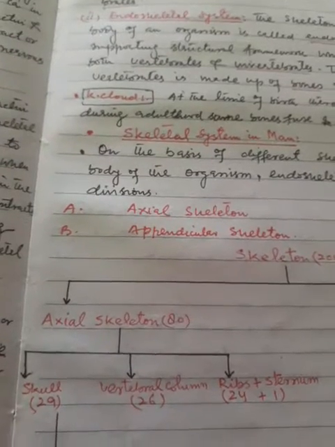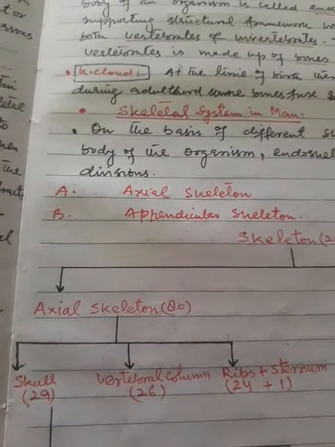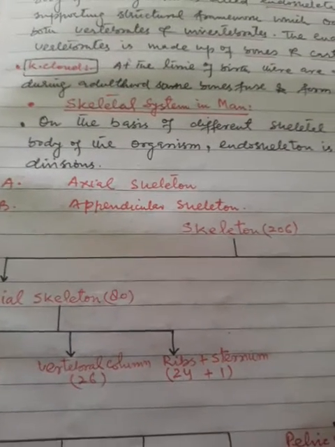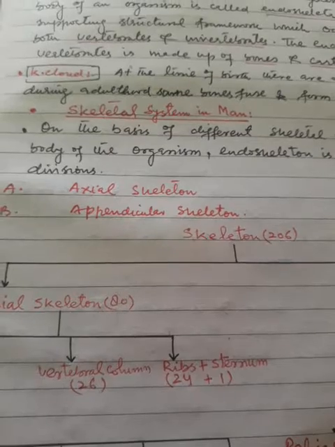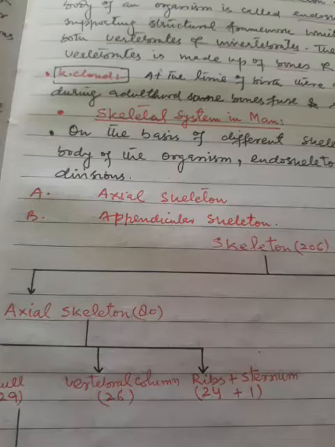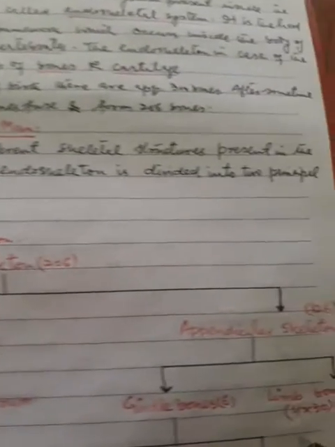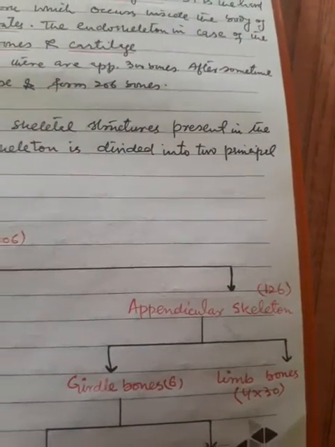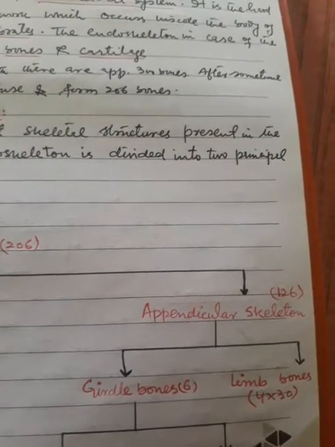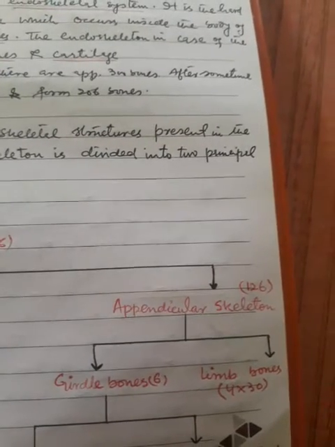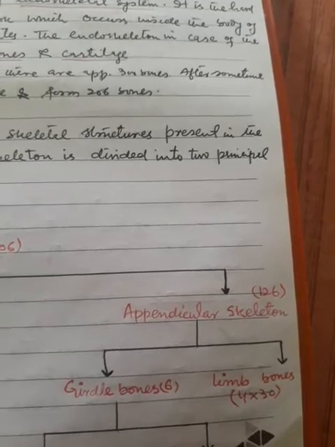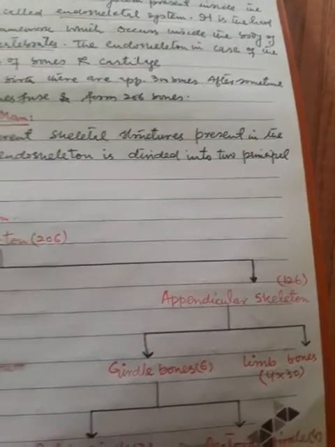Axial skeleton is further divided into skull with 29 bones, vertebral column with 26 bones, ribs plus sternum with 24 plus 1, that is 25 bones, aggregating to 80 bones. Appendicular skeleton is divisible into two types: girdle bones comprising 6 bones and limb bones 4 into 30, that is 120, and 120 plus 6, that is 126 bones.